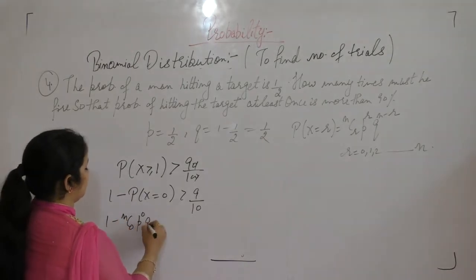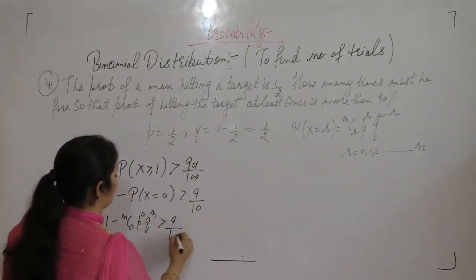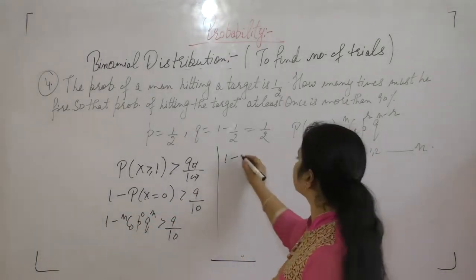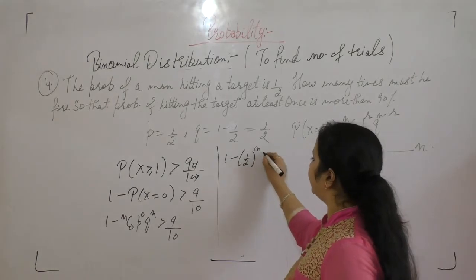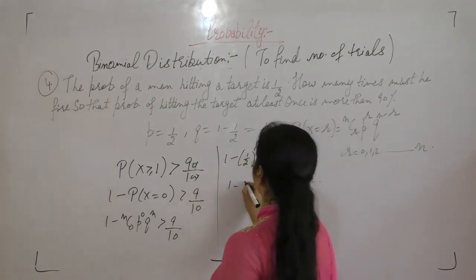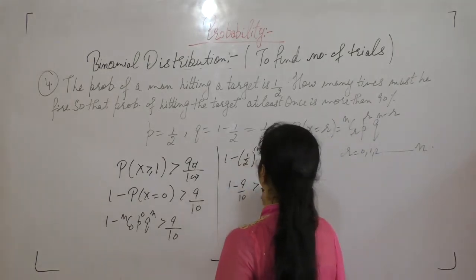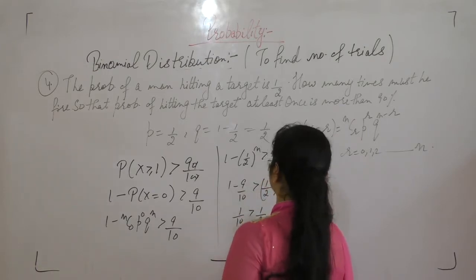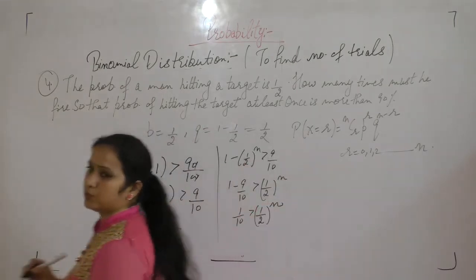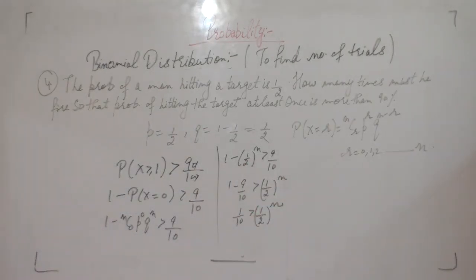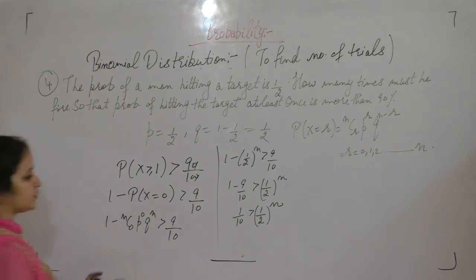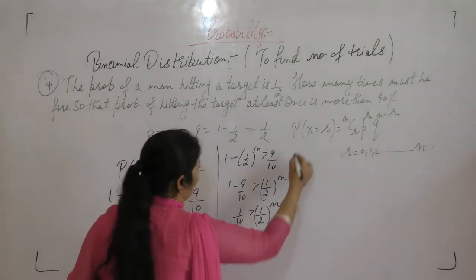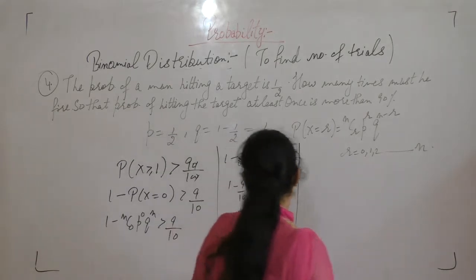nC0 p^0 q^n, greater than 9/10. nC0 has value 1, q has value 1/2, power n. So 1 minus 9/10, 10 minus 9, 1/10 is greater than (1/2)^n. So (1/2)^n is less than 1/10.